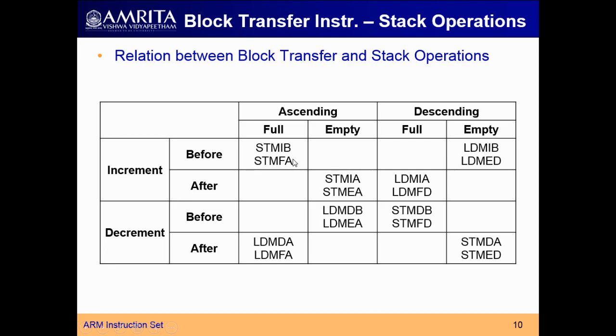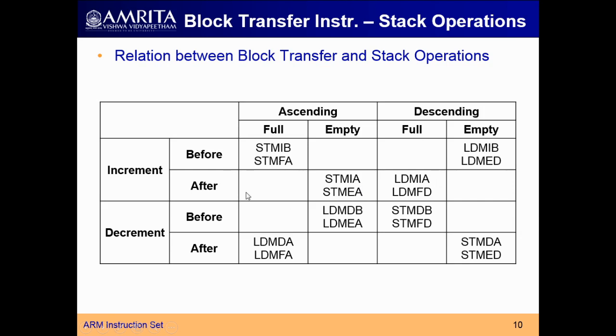For easiness, if you are performing the stack operation, you can use either STMFA or STMIB. So what does it mean? STMIB is used for implementing stack operation on a full ascending stack, right? Similarly, STMIA is used for performing operation on an empty ascending stack. So STMIA and STMEA are the same.